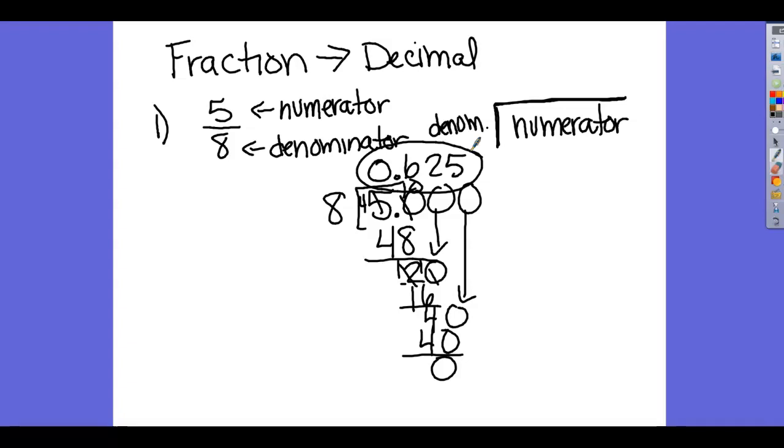Okay. Your second example to change a fraction into a decimal is going to include a negative mixed number. Okay, so the first thing we're going to do is we're going to use the circle method. So we're going to change this mixed number into an improper fraction.